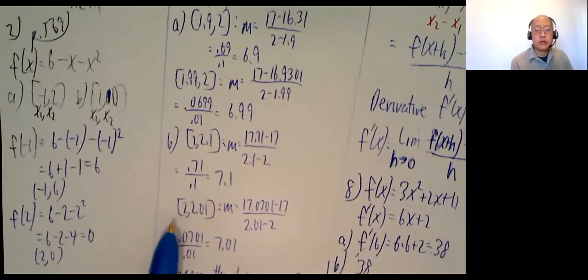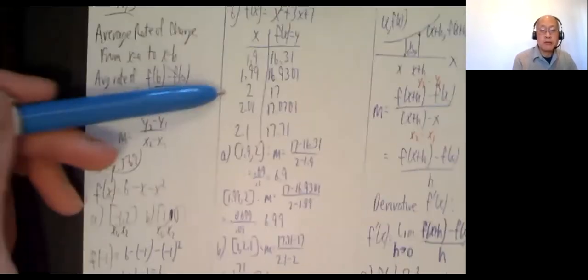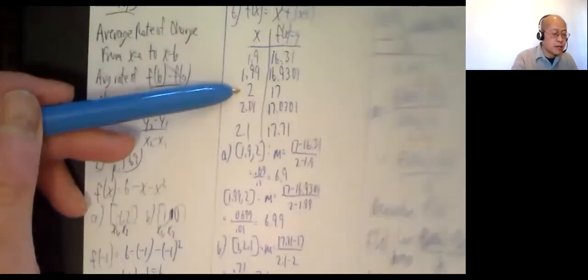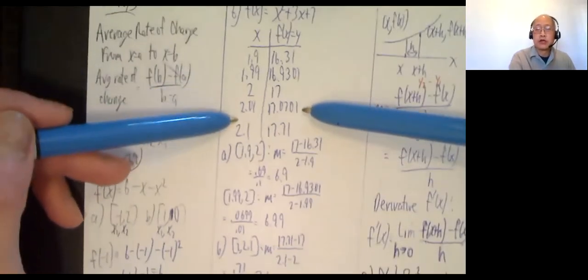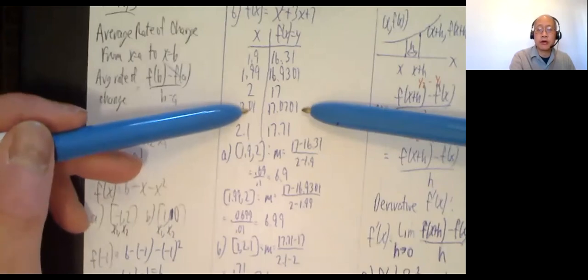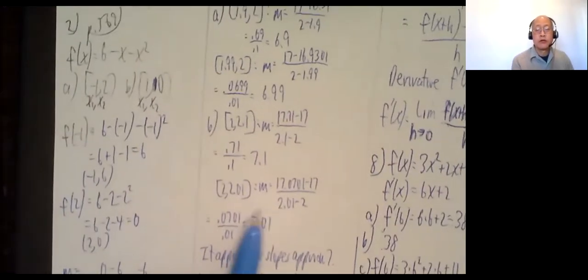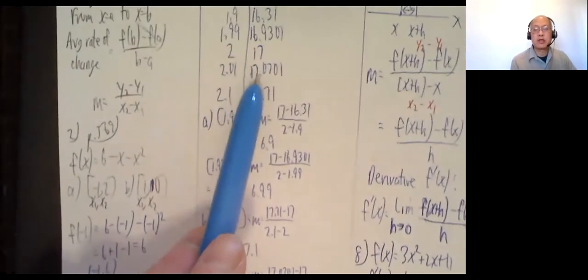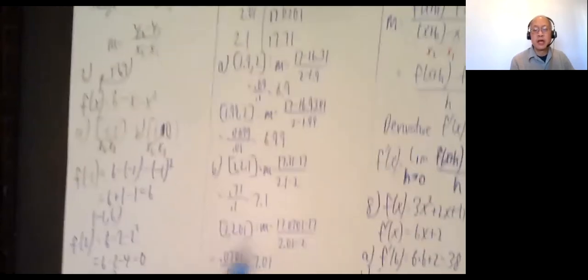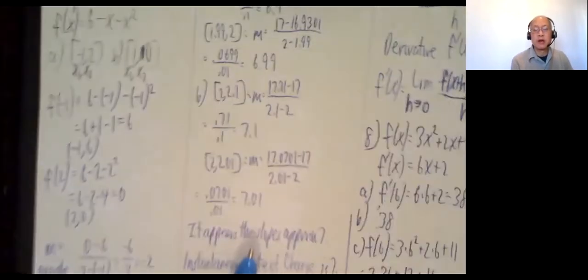And finally, 2 to 2.01, I'm using this point and this point, (2, 17) and (2.01, 17.0701). y2 minus y1 divided by x2 minus x1. So 17.0701 minus 17 divided by 2.01 minus 2, 7.01.